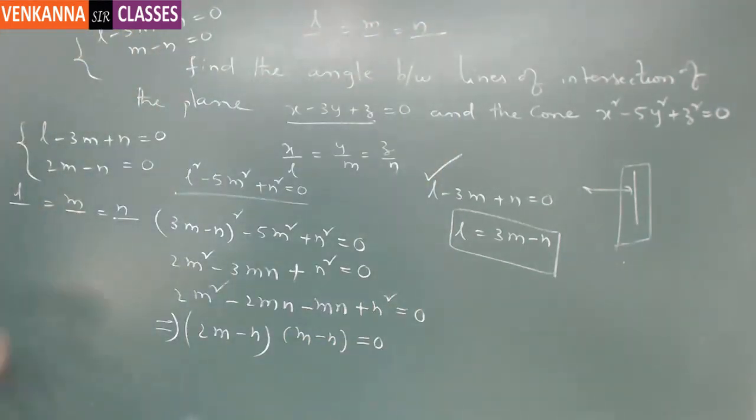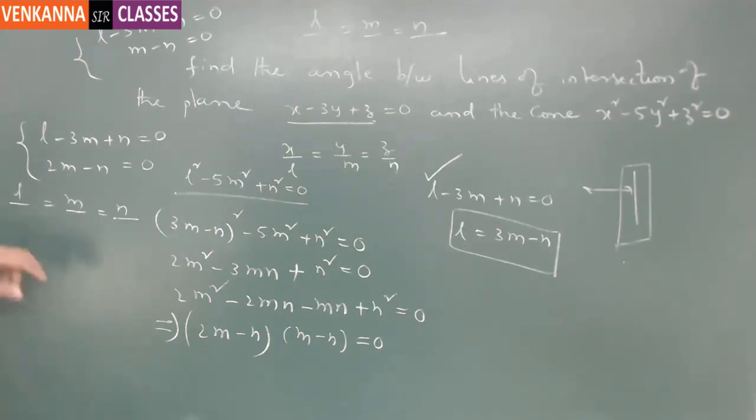Please understand why I am taking an equation considered as the plane equation and an equation taken from the factors obtained from the cone, because the line is formed by the intersection of the plane as well as the cone. So the element values are obtained from the plane as well as the cone.